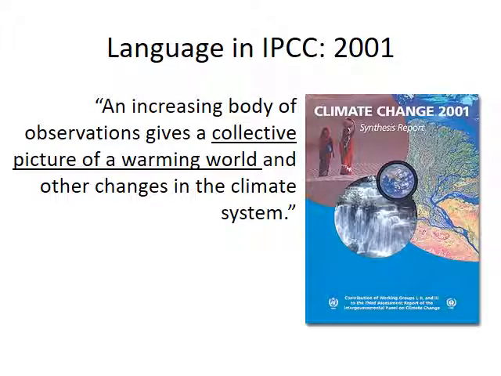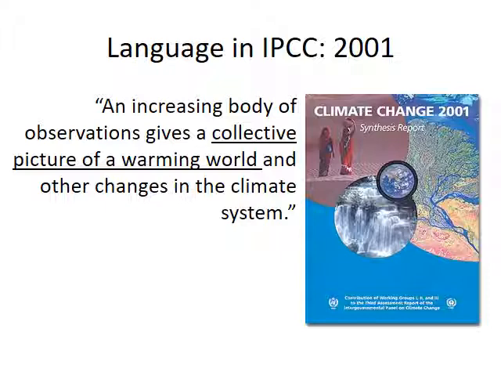Let me start with a few citations from those assessment reports and how their language changed over time. In 2001, one of the early reports, they simply said that from the observations, there is some evidence giving a collective picture of a warming world.